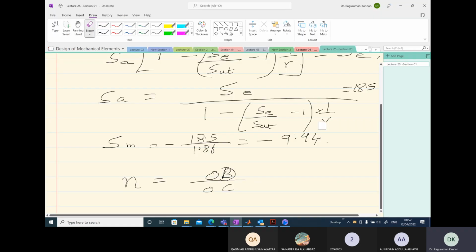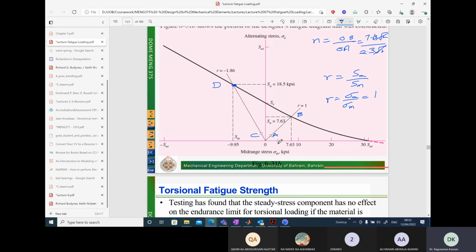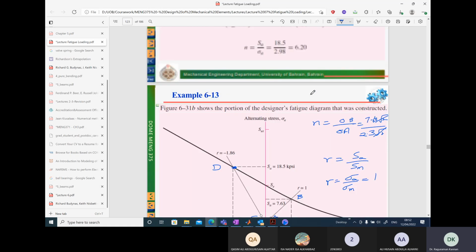Instead of writing 9.94, we can write 9.95 as given in the problem. (18.5) square plus 9.95 square, divided by, use the Pythagoras theorem for OC as well.